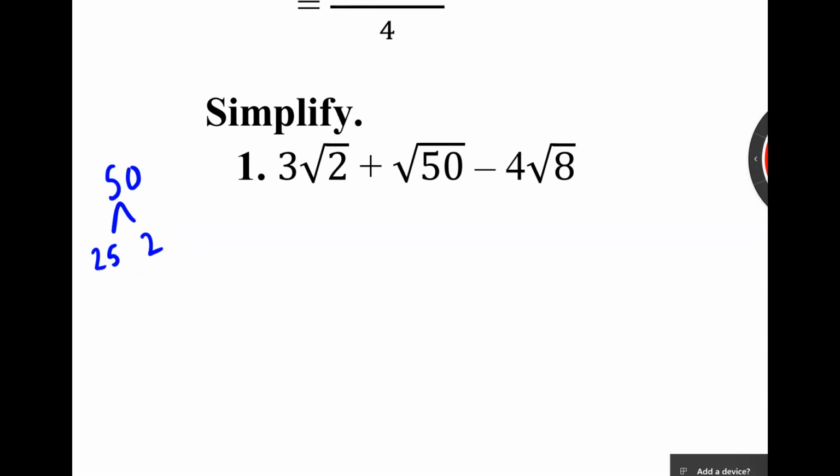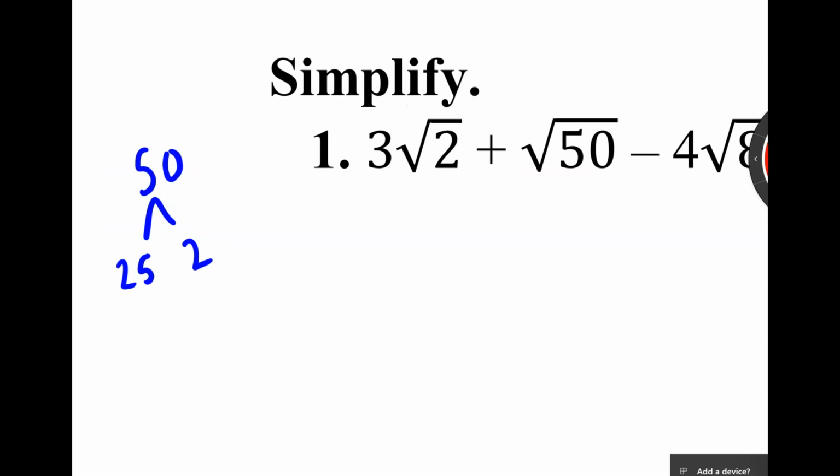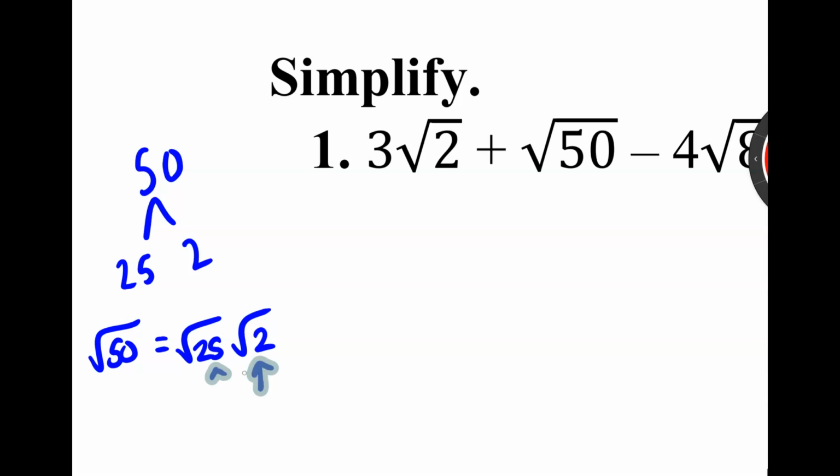Yes, so the way we figure that out is instead of saying root 50, I could write this as root 25 times root 2, because if we're multiplying two radicals, instead of writing rad 25, rad 2, you can say rad 25 times 2, which is also 50, so it's exactly equivalent. And so this means it's just going to be 5 root 2, because the square root of 25 is 5.